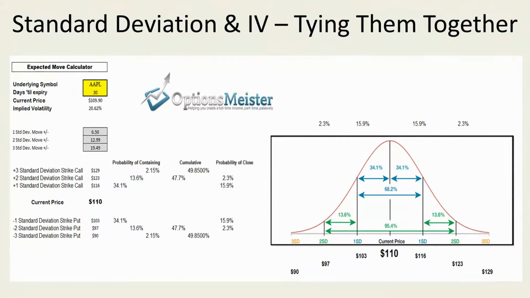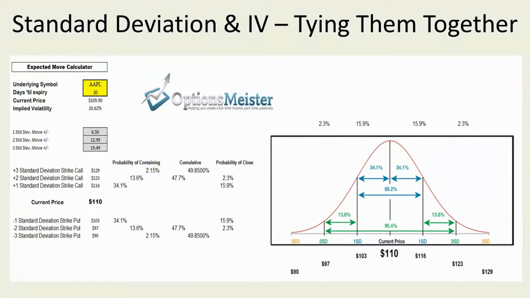Obviously it's a 15.9% chance it's going to be above that, and likewise on the downside. So we know that there's a 34% chance that it's going to stay at 116 or less. And then on the bottom, we know there's a 34.1% chance that it's going to stay at 103 or more.